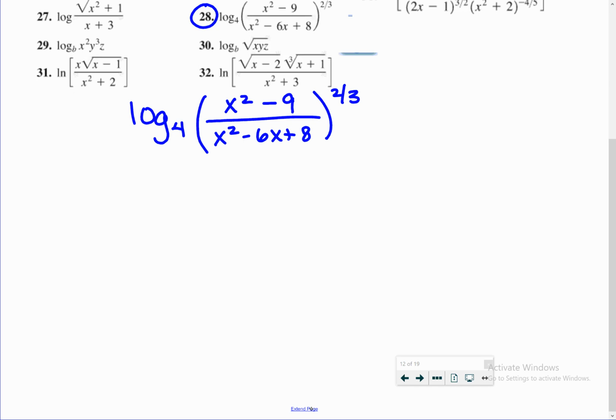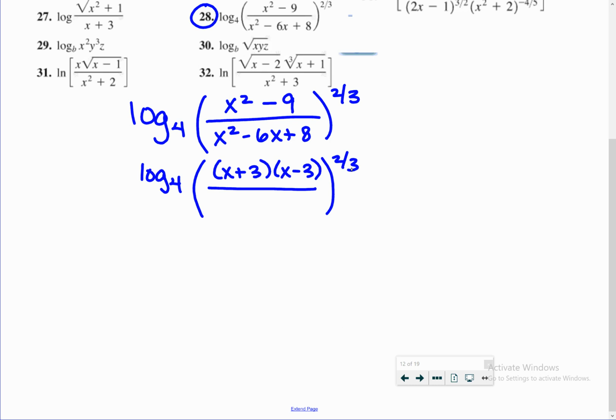One thing I'm going to do here with my quadratics is I'm going to factor it, because then that allows me to split it up into smaller pieces. Do you know what x squared minus 9 factors to? X plus 3 and x minus 3. Okay, what about the denominator? Multiplies to 8 and adds to -6.